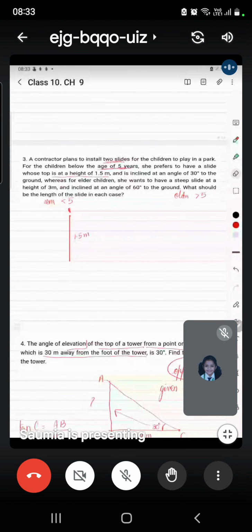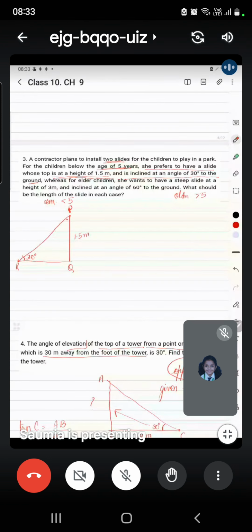Yes, ma'am. Okay. So now, let me take this as PQ. Then what is it saying? It is saying that she prefers to have a slide whose top is at 1.5 meters and inclined at an angle of 30 degrees to the ground. That means when I slide down, I may reach this point, and this point is inclined at 30 degrees with the ground.